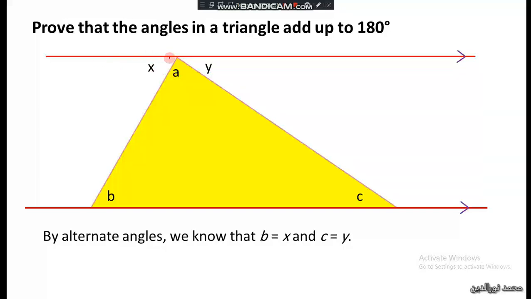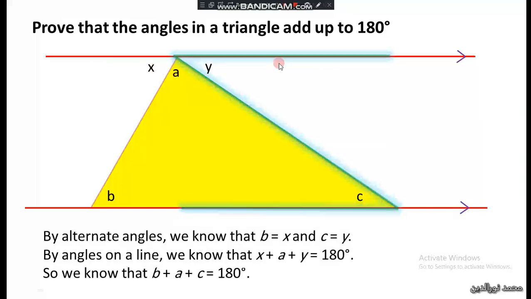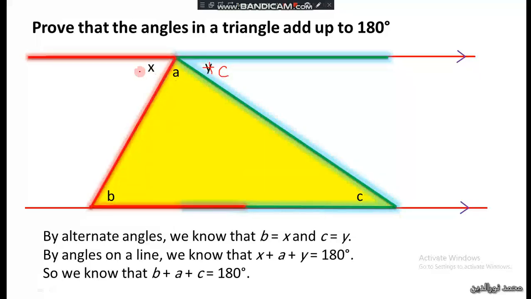If we look here, we could see the shape Z. So C and y are equal since they are alternate, so we could put C. On the other hand, the angle z and angle B are alternate and they are equal, so we could put B. So as we notice, A plus B plus C are supplementary.